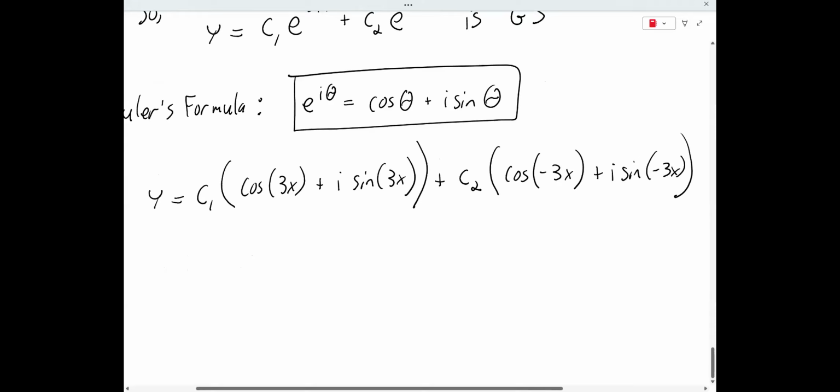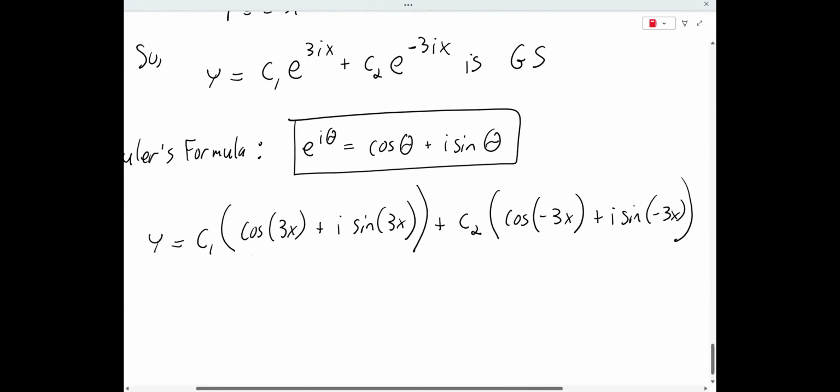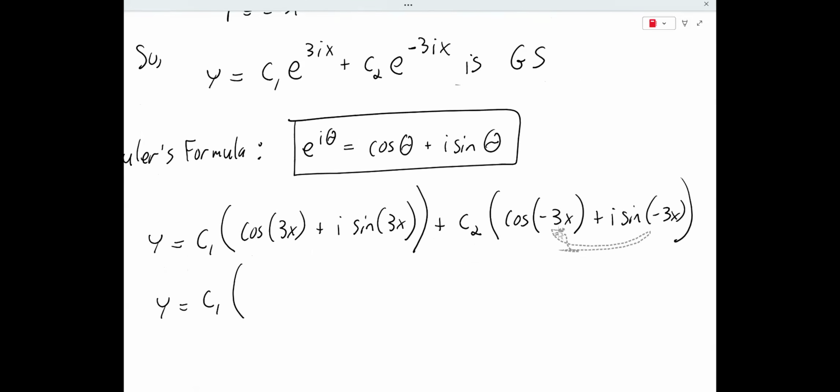So by Euler's formula, our general solution can be rewritten like this. Now we're starting to get sines and cosines involved. I don't really want the negatives for the negative 3x here, so you can do this. This is the next thing.